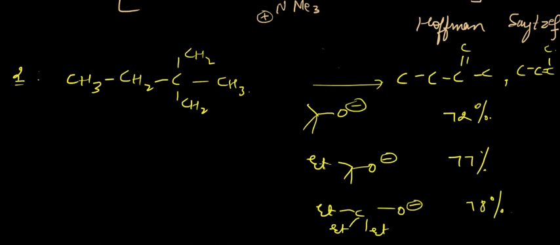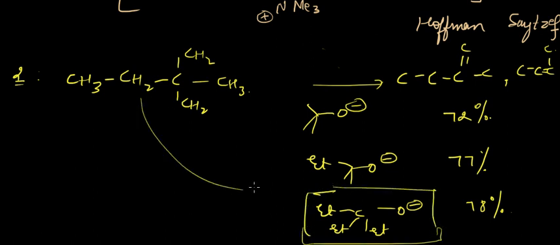Why is this happening? Obviously, one obvious reason is steric hindrance. Okay, these bulky groups are finding a hard time attacking or forming a transition state with this alpha hydrogen, because it is a highly sterically crowded position.